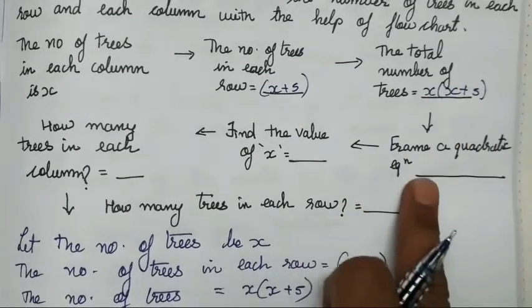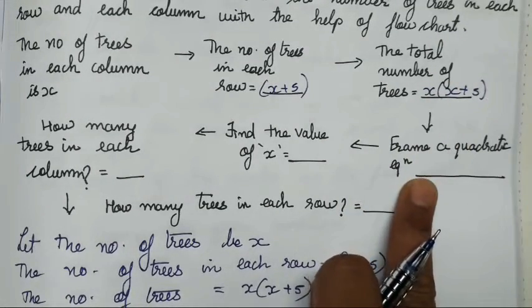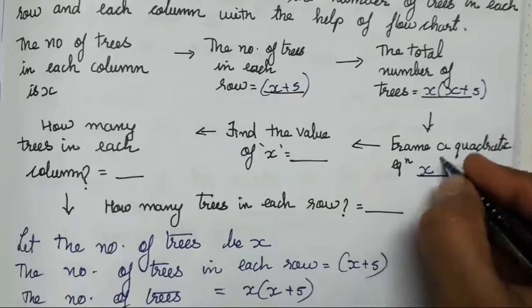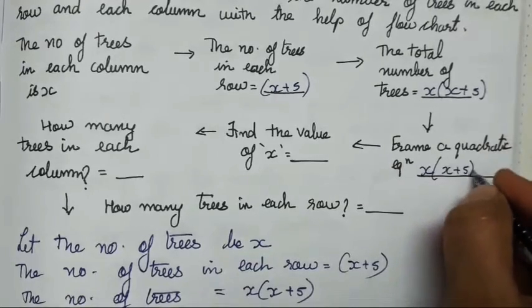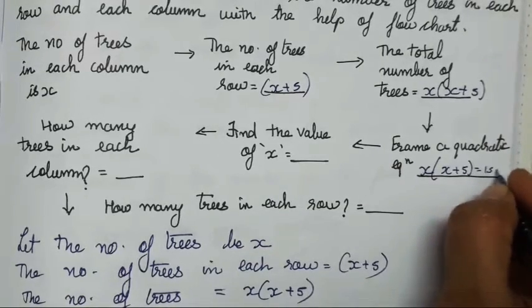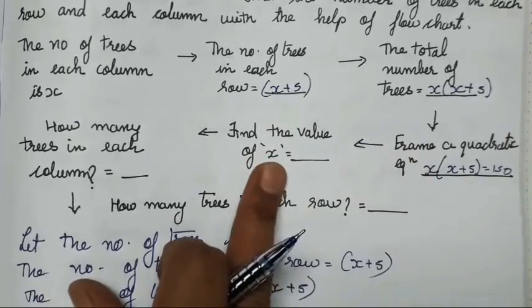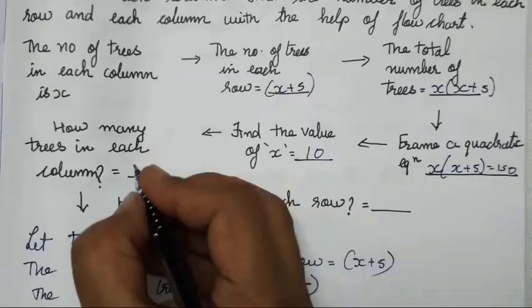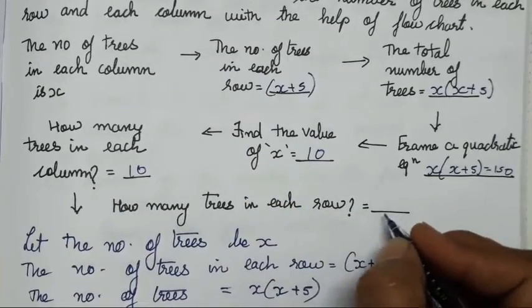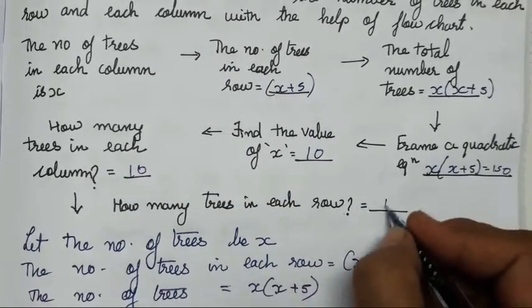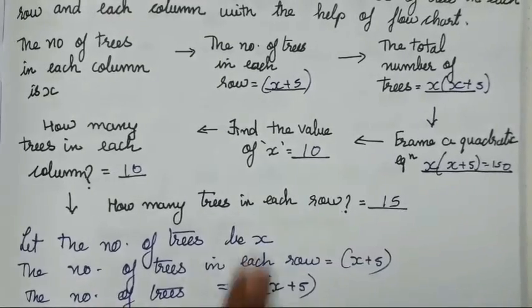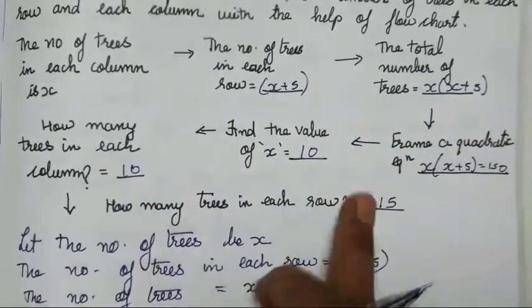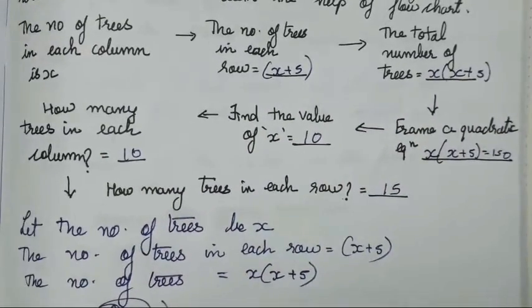Okay, after this we have to frame an equation. So what is going to be the equation that we have framed? X into x plus 5 is equal to 150. Find the value of x. We got x, that was 10. And how many trees in each row? 10. And how many trees in each column and rows? 15 respectively. So this writing of this column is important in exam.